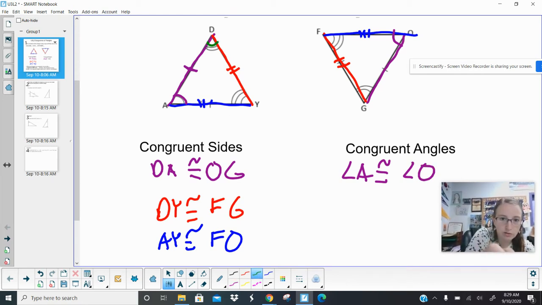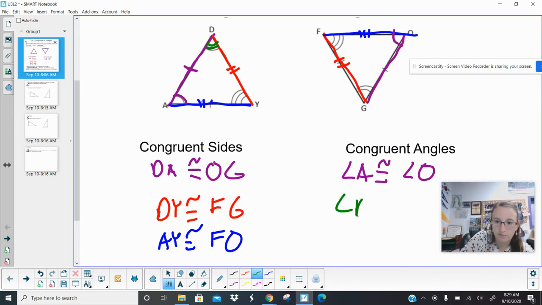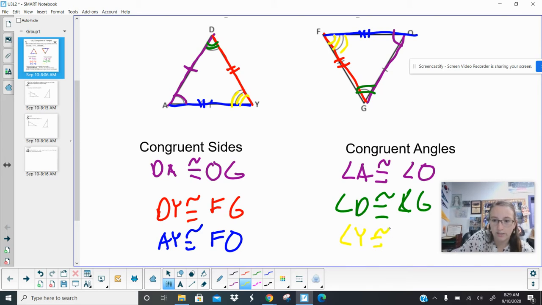This has 2 little rainbows, that's angle D. What is that congruent to over here in this triangle? Angle G also has 2 little rainbows. And then we can see pretty clearly once more that this has 3 rainbows, this has 3 rainbows. So angle Y is congruent to angle F.